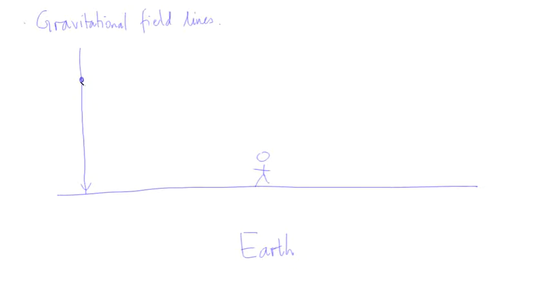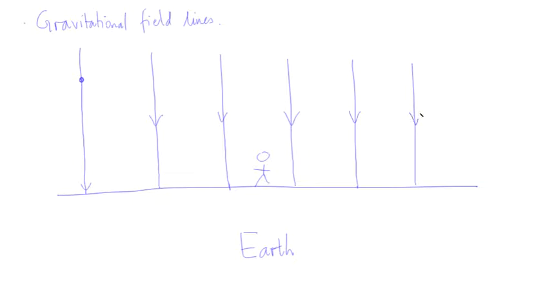If I put a small test mass in, if I raise it from the surface of the Earth, it's going to want to get pulled straight back down to the Earth. So the field lines are not radial, but they are parallel and roughly equally spaced because the field is uniform. And they're still perpendicular to the surface.